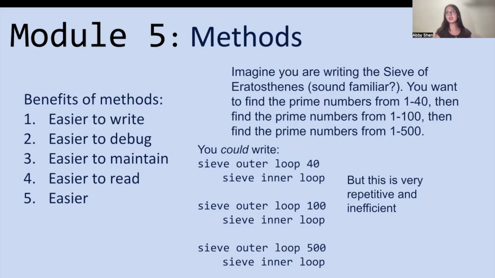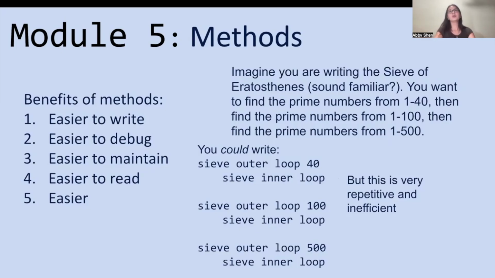They're easier to read, where instead of reading a whole big verbose chunk of code, you might just see a method name that's very descriptive, short, and just like one line. And overall, easier. So, we're big fans of methods.